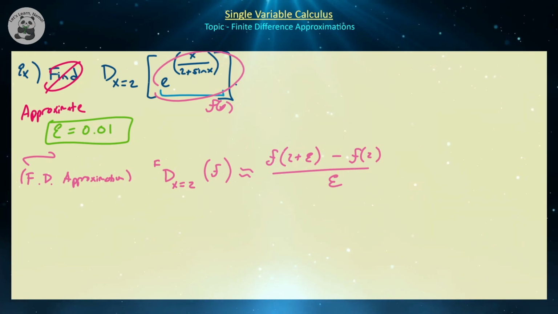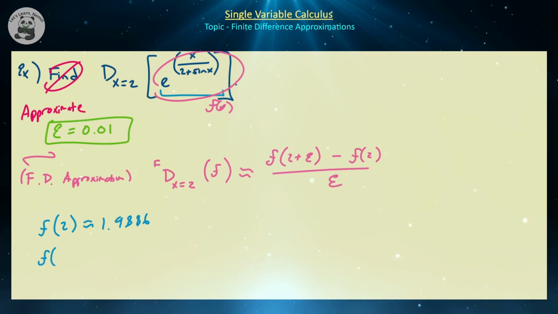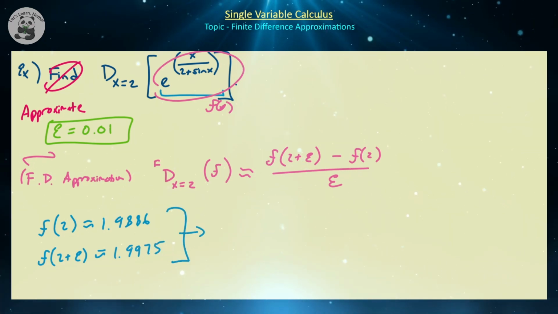So obviously we can plug in 2 and 2 plus 0.01 into this function and get some value back. You can find, for example, that f of 2 is approximately equal to 1.9886, and f of 2 plus epsilon is approximately equal to 1.9975.